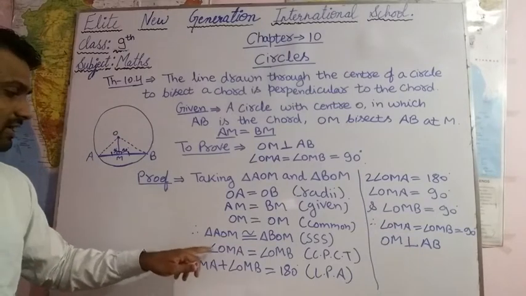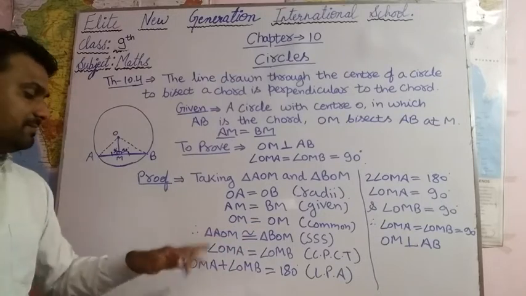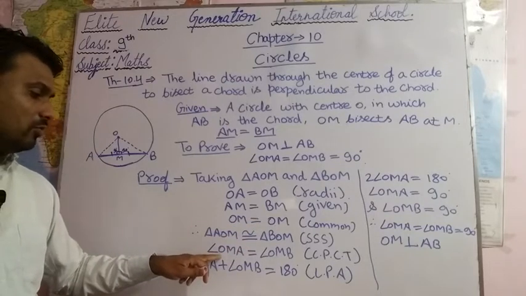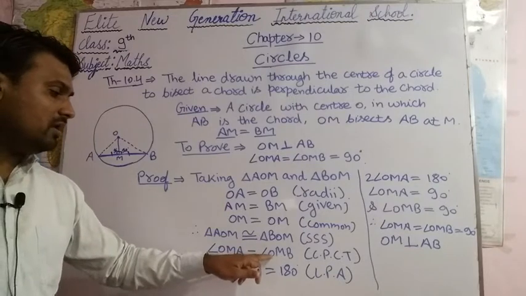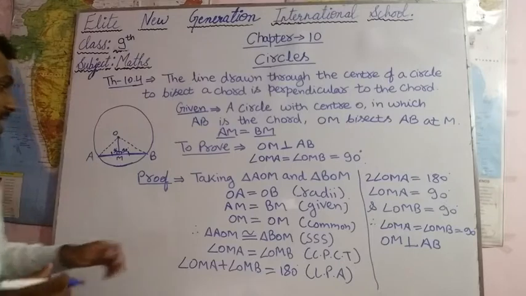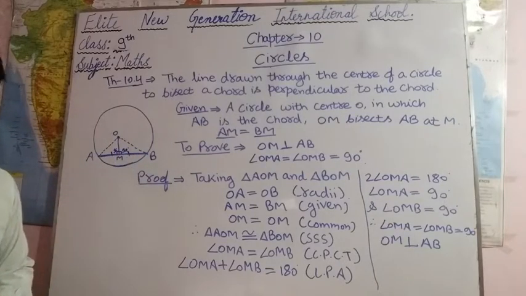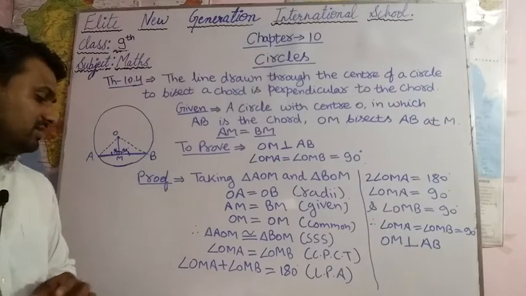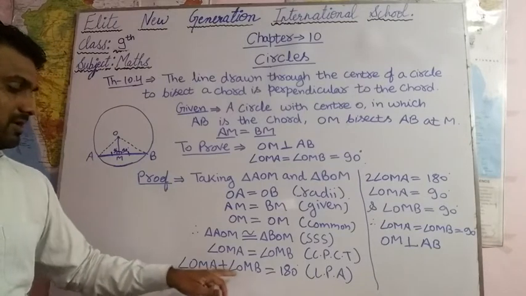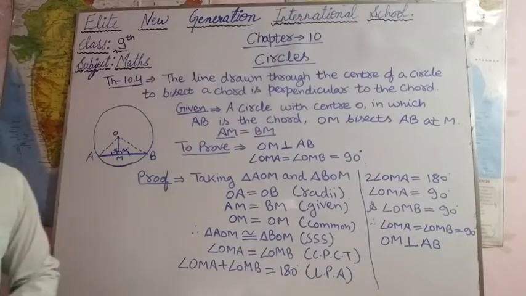If triangles are congruent, then by CPCT angle OMA is equal to angle OMB. And as we know that these two angles are formed on a straight line, by linear pair we can say that angle OMA plus angle OMB equals 180 degrees.